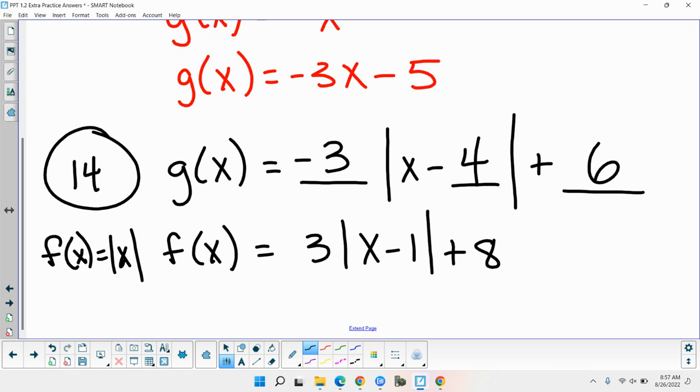What's this tell us? Translation, right 1. Yeah, translation up 8, right? You guys seem to be getting it. Have any questions at all?